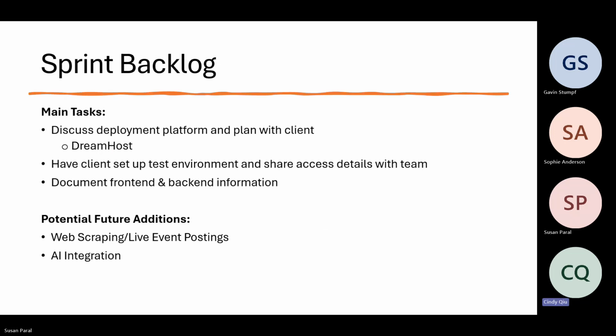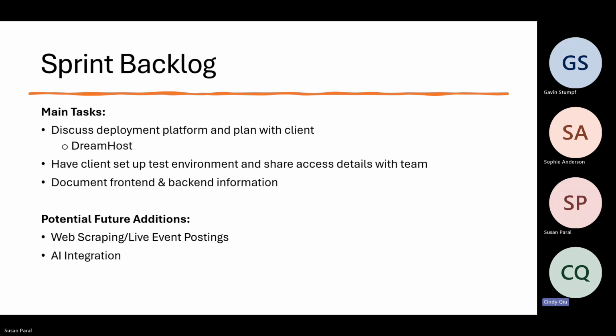So like Gavin previously mentioned, our Sprint 3 backlog consisted of primarily documentation and deployment. We had asked our client to set up a test environment within his DreamHost domain, but unfortunately he was not able to get back to us on time regarding that. But we documented everything we could regarding deployment recommendations in the markdown file that we created.